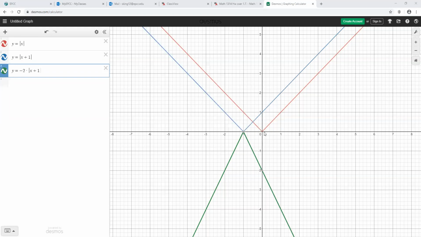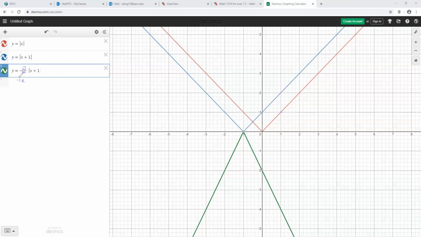So what happens if you take this point right here, I'm just going to pick one, and you perform the vertical dilation of ×2, not the times -1, because the times -1 is a reflection.